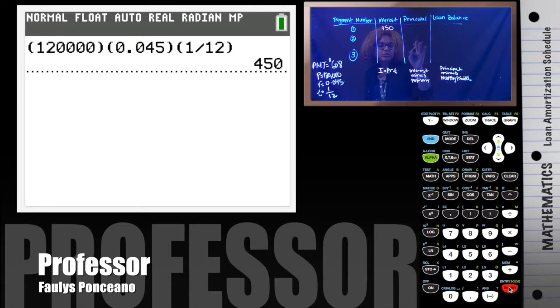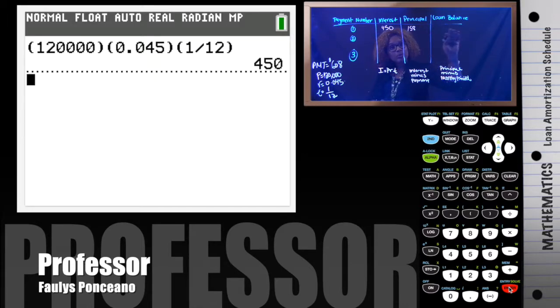Now to find the principal, I'm going to subtract the interest from the payment. This is my payment, right? So once you subtract that, you're going to have 158. And for the loan balance, you're going to subtract the principal, which is 120,000, minus the monthly payment principal. So minus this number right here. So you do 120,000 minus 158.